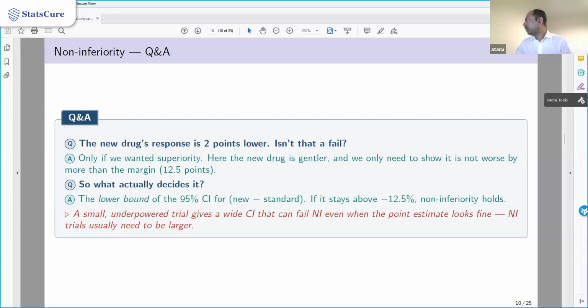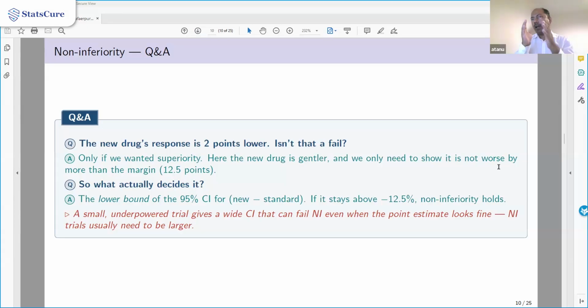I can see there is one, if I'm not mistaken. Sir, somebody is asking if you can explain the concept of delta in this sense. Okay. So see, delta is a value of the difference between two proportions.